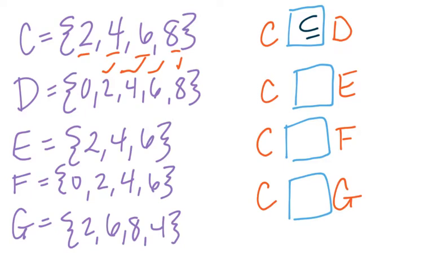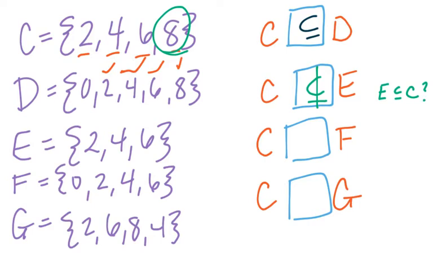Okay? What about C and E? C contains 2, 4, 6, and 8, and E is 2, 4, 6. Is every element in C also in E? Well, 2 is in both, 4 is in both, 6 is in both, but 8 is in C, but not in E. So therefore, C is not a subset of E. Could I say E is a subset of C?